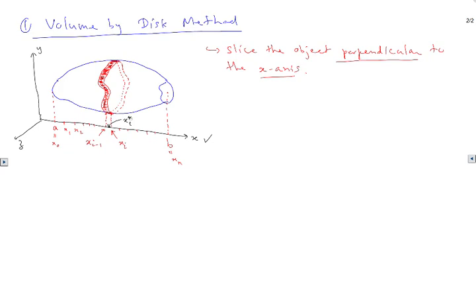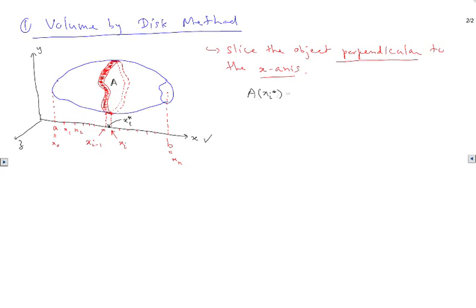Now we're going to find this area. So what is this area? I'm going to call it A. So this is A(xi), the area of the ith one. That's the area that exactly passes through this xi star point.